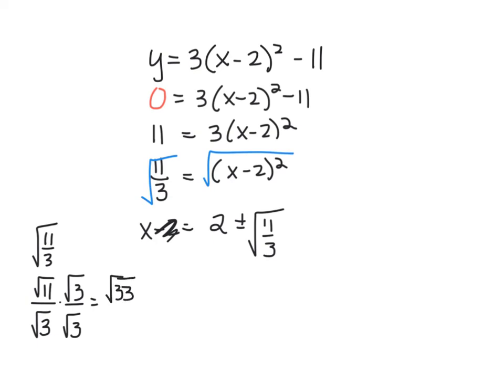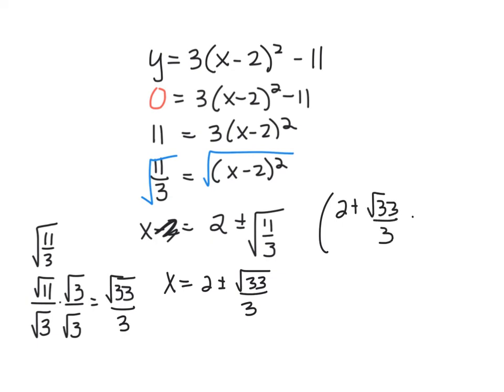If I were to multiply across the bottom, this would be the square root of 9, which is 3. So my answer would be x equals 2 plus or minus the square root of 33 over 3. Now if I wanted to write them in intercepts, I'd have 2 plus the square root of 33 over 3, 0, and 2 minus the square root of 33 over 3, 0.